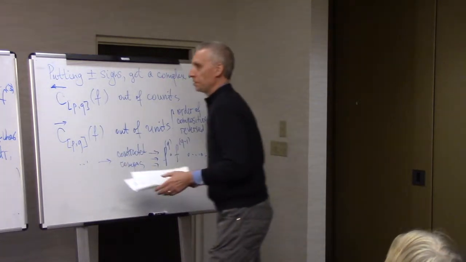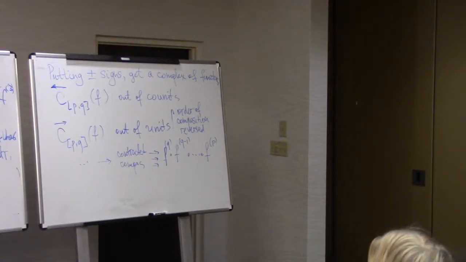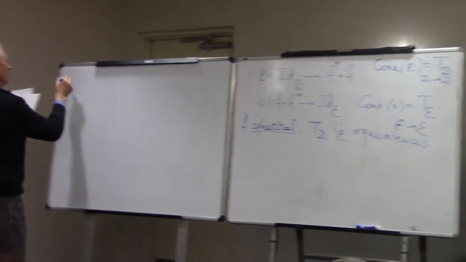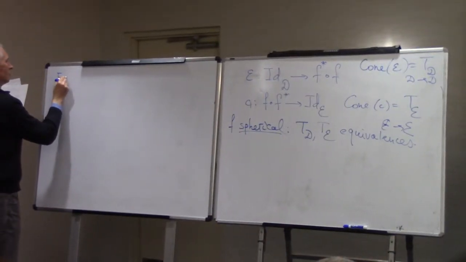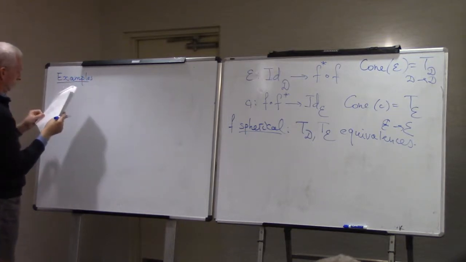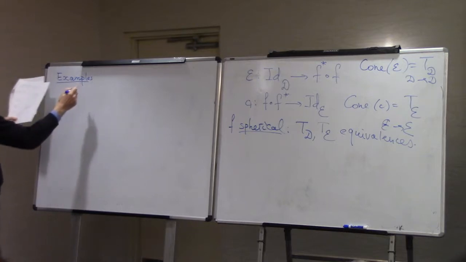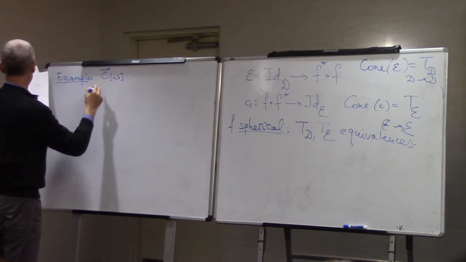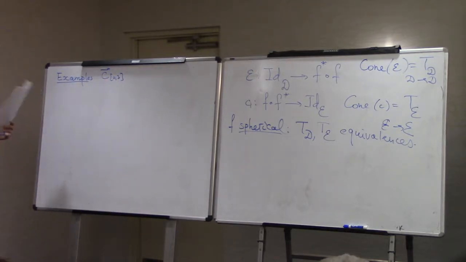So let me write the simplest one beyond this and this. For example, let me write the case between 0 and 3. Yes, I will explain examples.